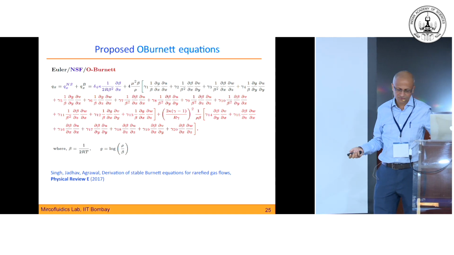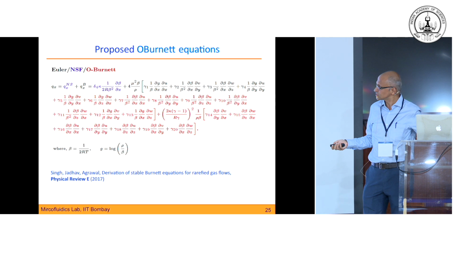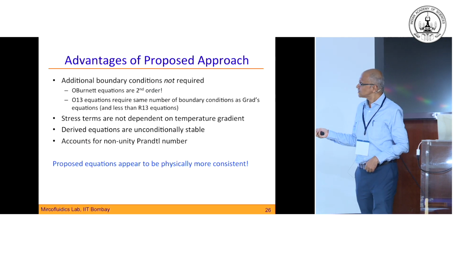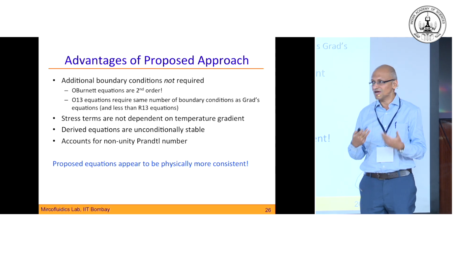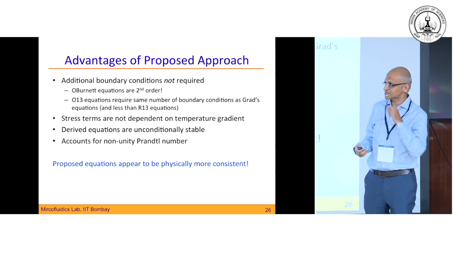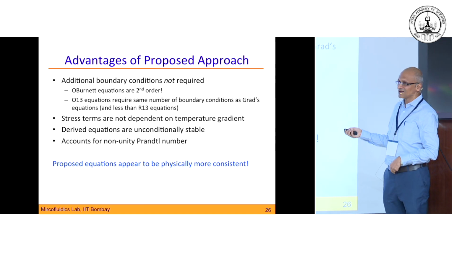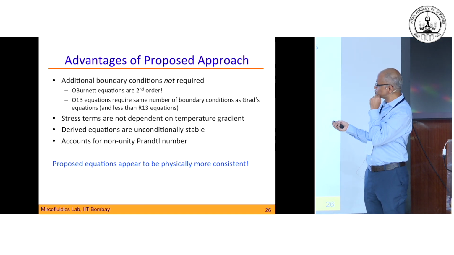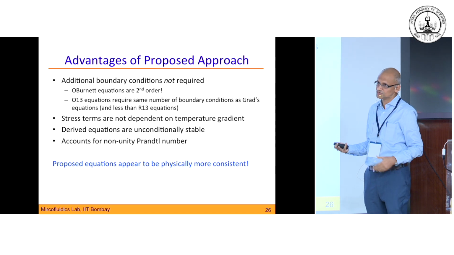So these are a set of equations that we essentially get from our alternative approach. If we start looking at the features of these equations, I will just take two more minutes and finish it off. What we find is that our equations do not require additional boundary conditions. The stress terms do not depend on the temperature gradient.